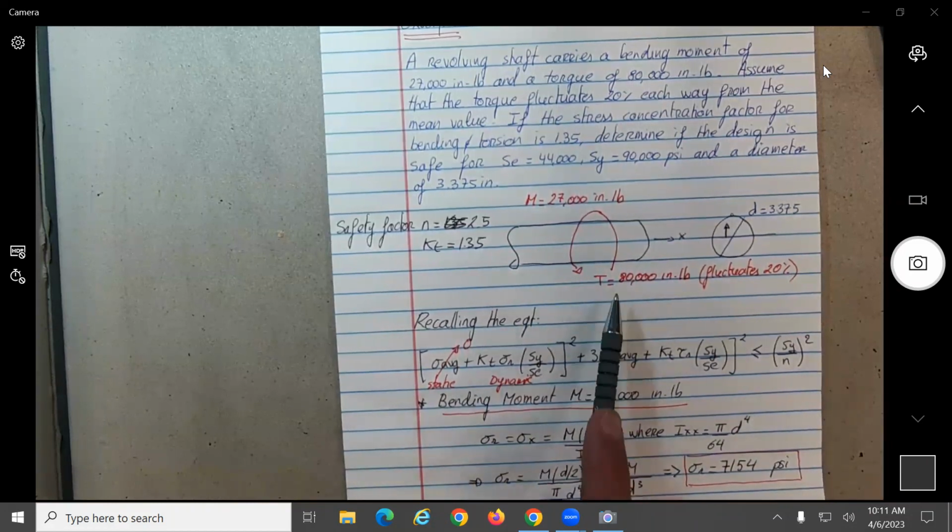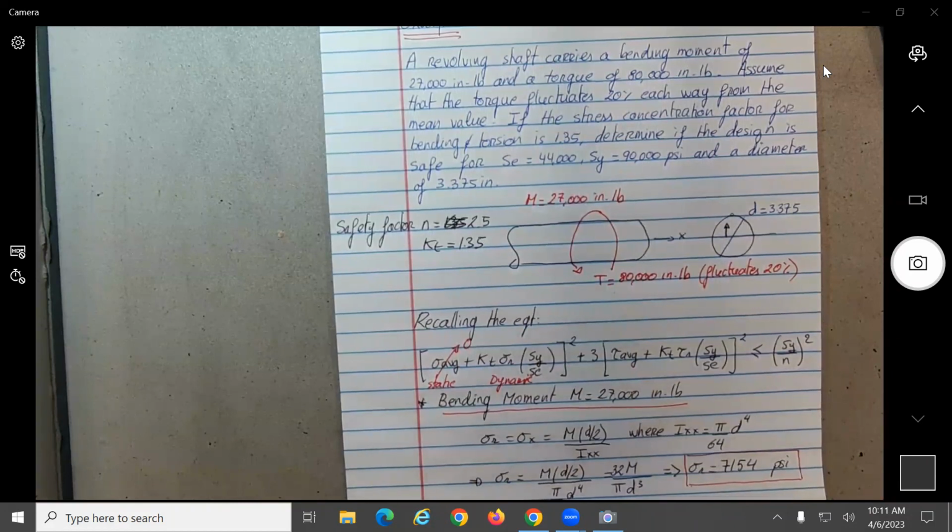This is what you need to do as an engineer, no? Then the rest is just to substitute into equations. Dynamic is going to be for sure, it's moving. But it's a static component too, right? Because it's not fluctuating about 0, it's fluctuating about 80,000. Perfect. That's exactly what I wanted to hear.